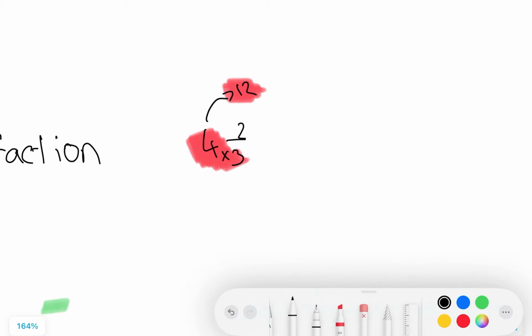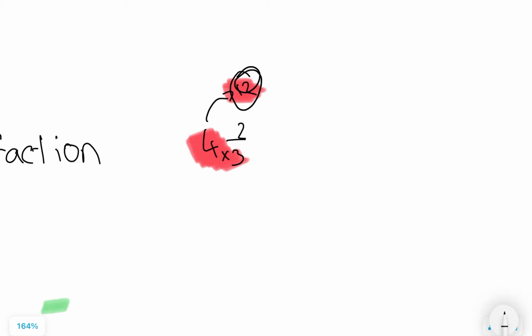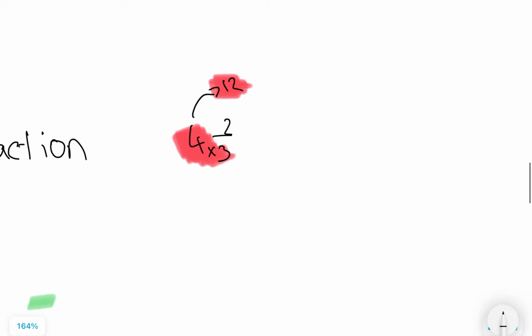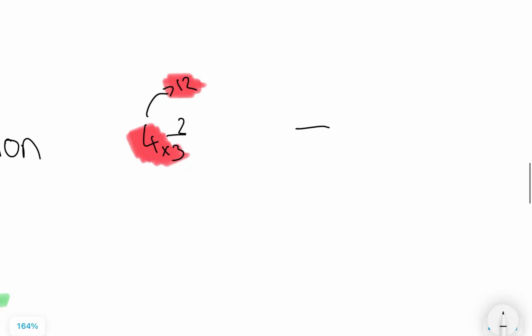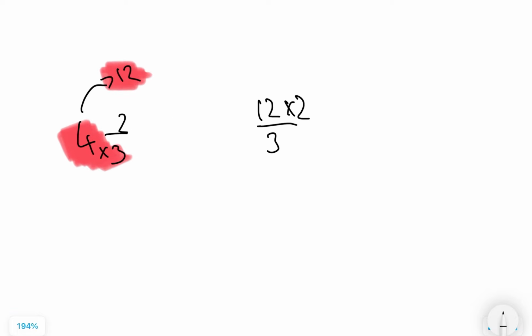So this number that we get over here, we keep the 3 because that's the denominator, and we times the 12 by the 2. So, no, we don't times it, we add it.